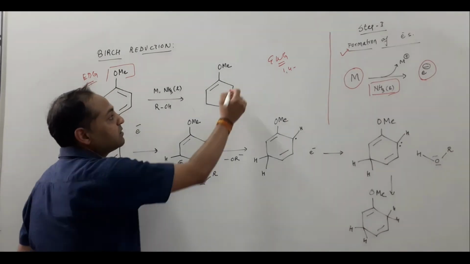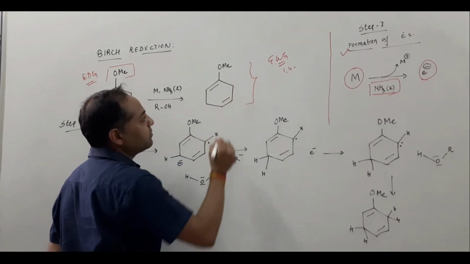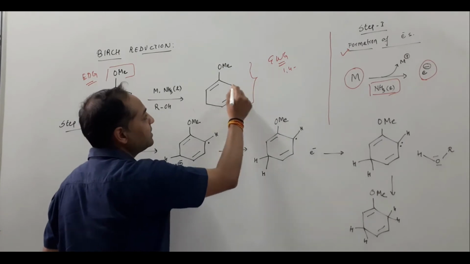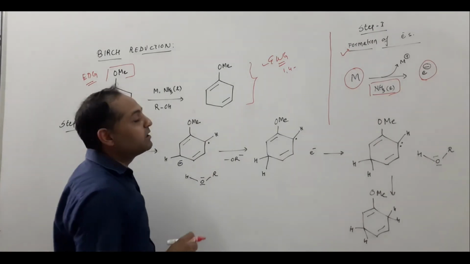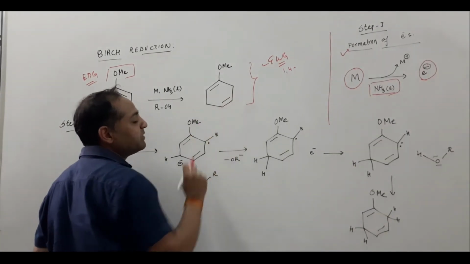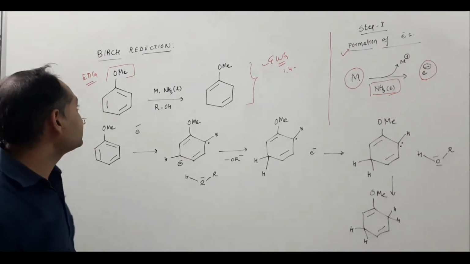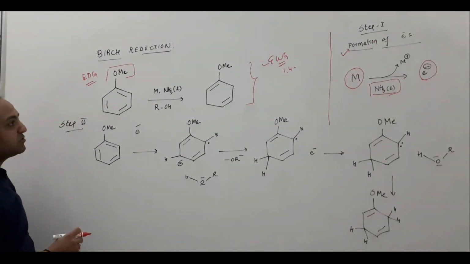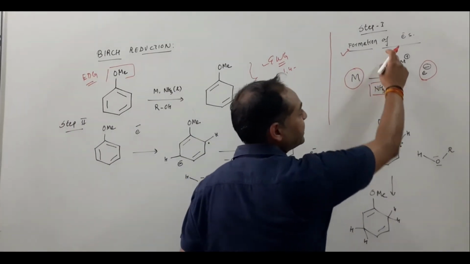But here, as per the Birch empirical rule, the product is somewhat different from when an electron withdrawing group is attached at the aromatic system. So this would be the product when electron donating groups are attached on the aromatic system. The mechanisms are the same. First is formation of the electrons.